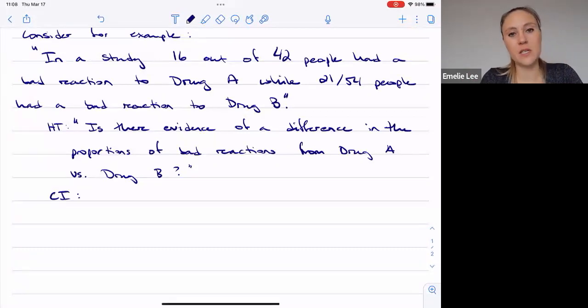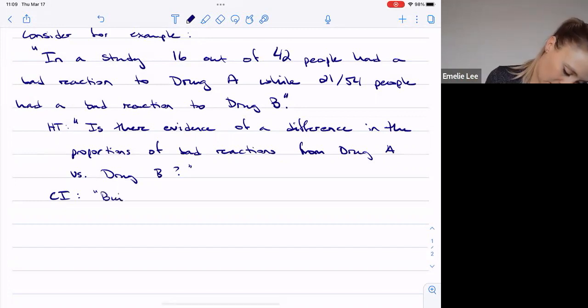Whereas if it's a confidence interval, usually you would say build a some percent, a 95% confidence interval, right? But really what a confidence interval does is it tells you how large the difference is.